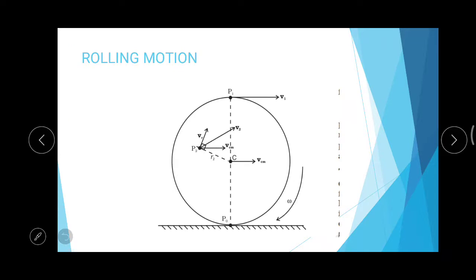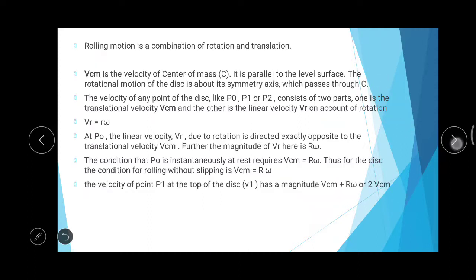At P0, VR will be adding in this direction and VCM in this direction, so VCM and VR are opposite to each other. And at P0, the combined velocity value will be 0. Hence, VR will be equal to VCM.